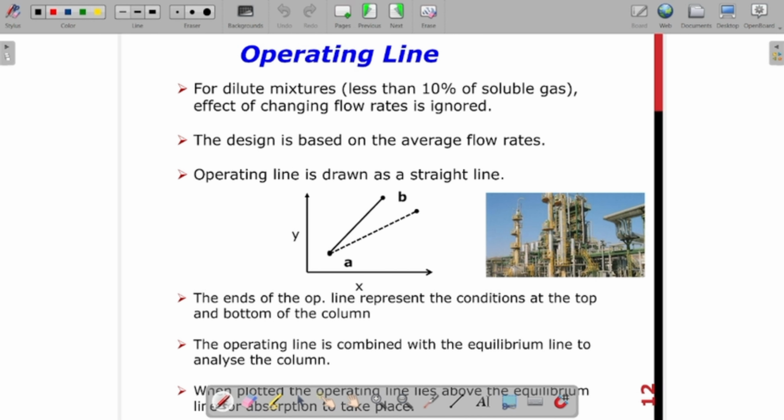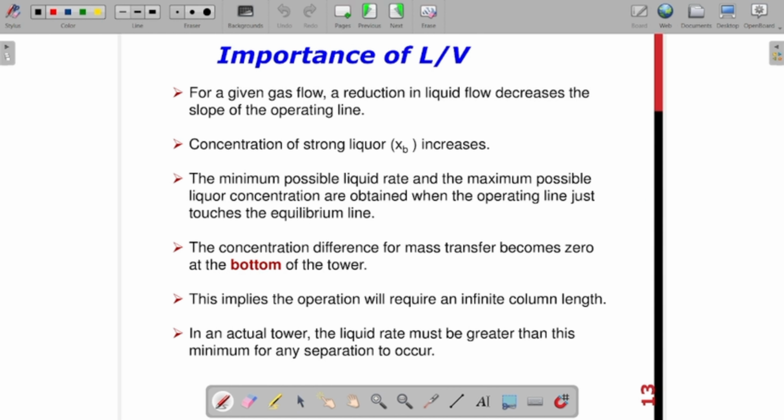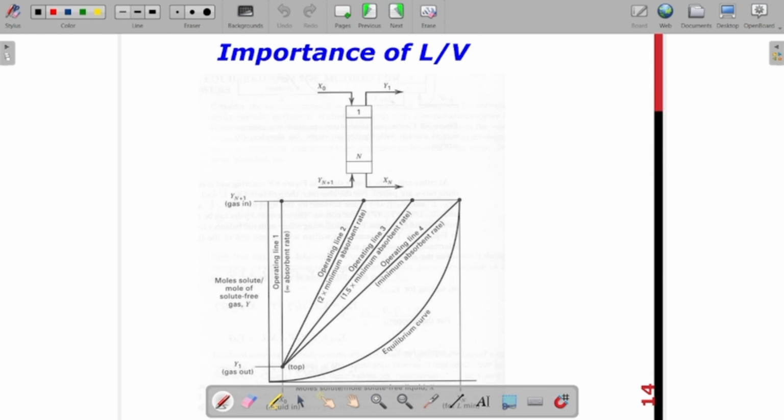Now, one thing you also have to notice is that if you have dilute mixtures, meaning less than 10% of soluble gases in there, you will have the operating line over here. Mostly the operating line is above the equilibrium line when you're talking about absorption. When you're talking about stripping, the operating line will be below the equilibrium line. So this is an example.